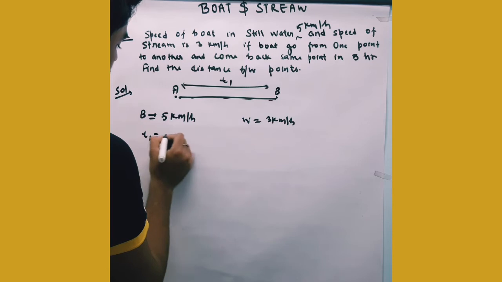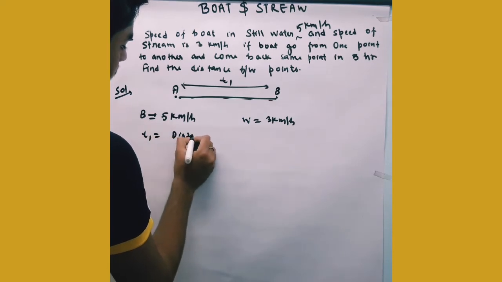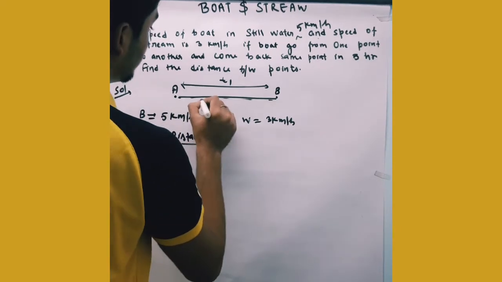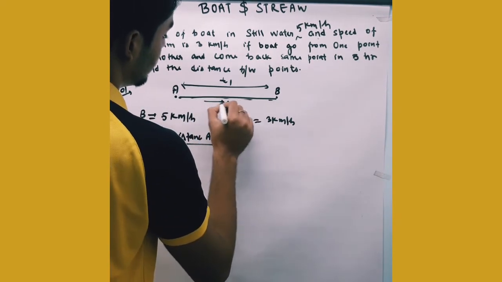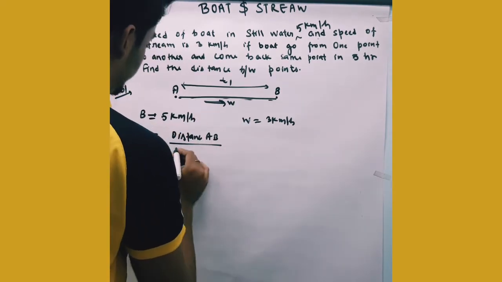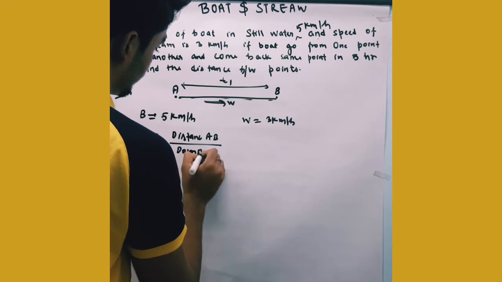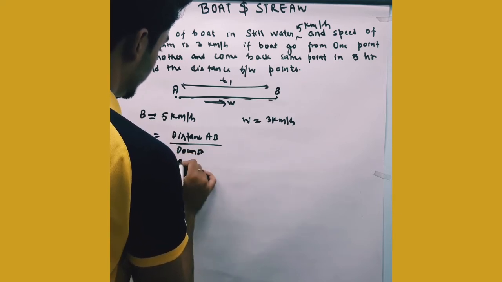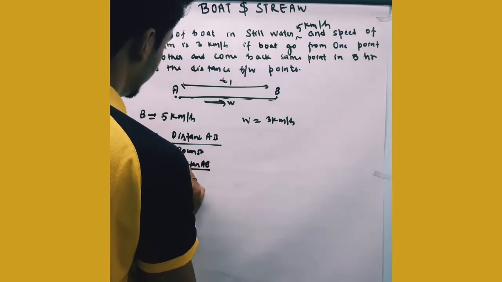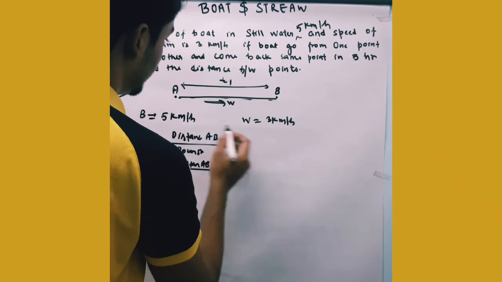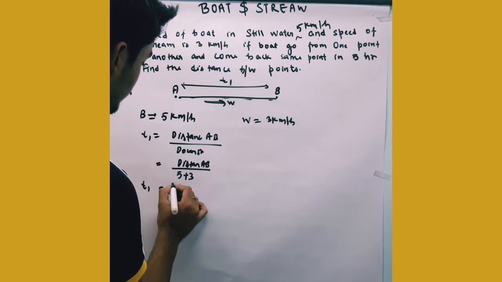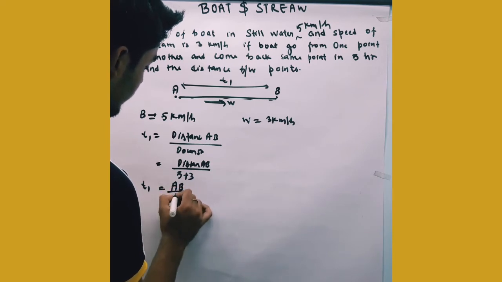So T1 is equal to distance AB divided by speed. Let the river flow from A to B. So speed of downstream is given by distance AB divided by 5 plus 3, B plus W. T1 is AB distance divided by 8.